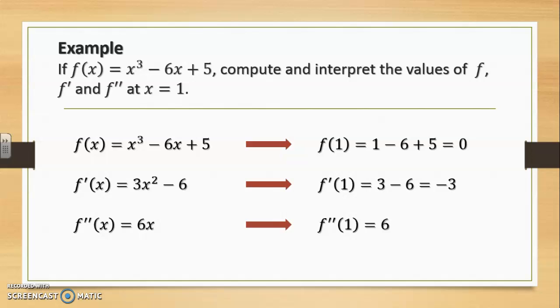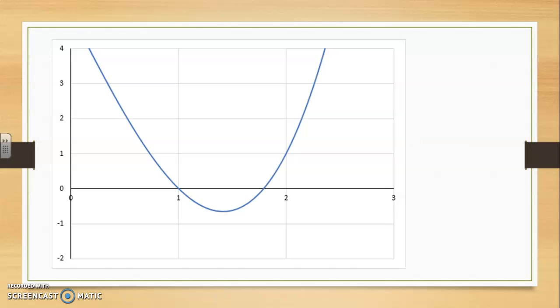So, looking at these results, here is how we should be interpreting what has happened. The first number we calculated was f at 1, which is equal to 0. Graphically, this means that when x is 1, y is 0. We essentially have an x-intercept. F prime at 1 is equal to minus 3, which means that the function's tangent line has a slope of minus 3 as it passes through coordinate point 1, 0.